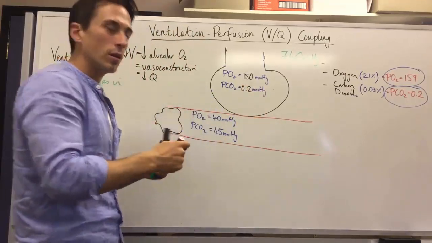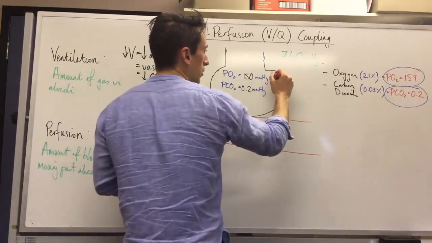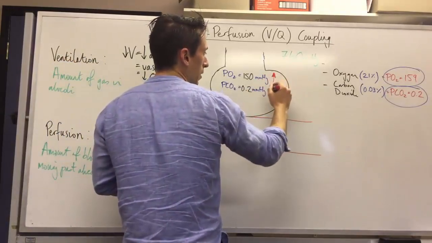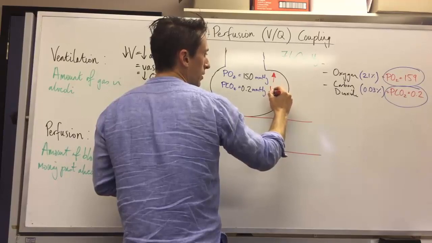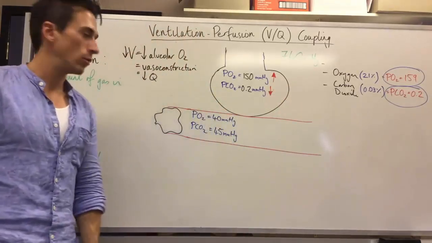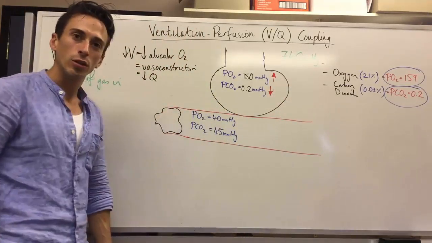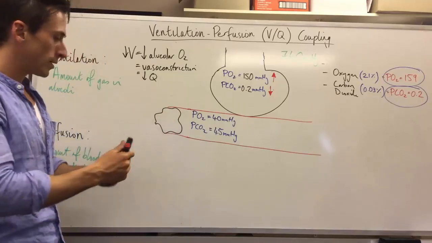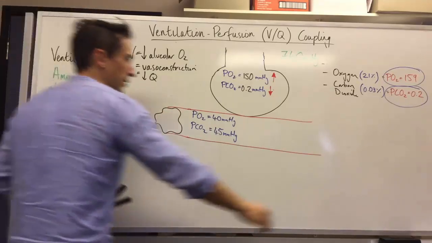So what has happened? You've had an increase in oxygen, but you've had a drastic decrease in CO2, and this is because of the occlusion.